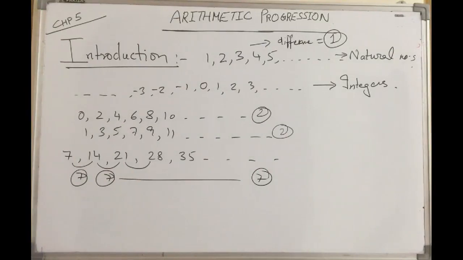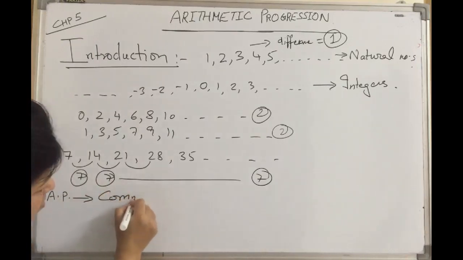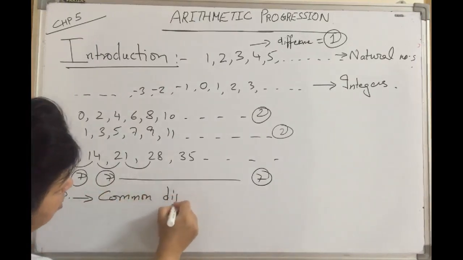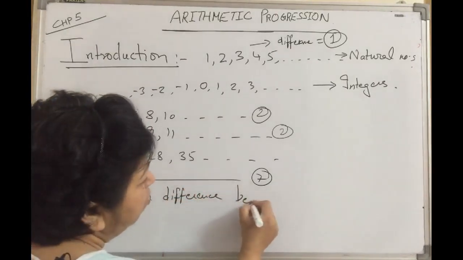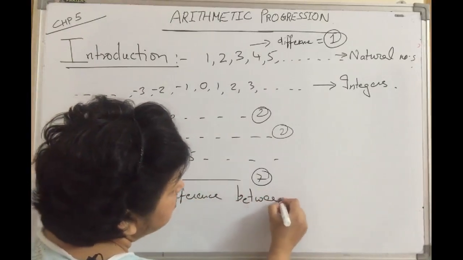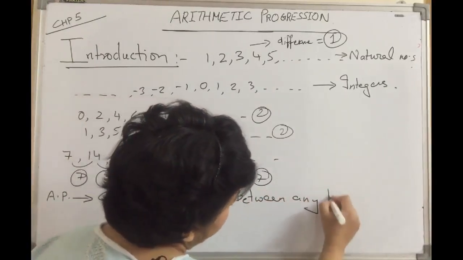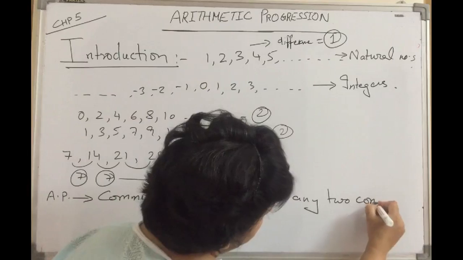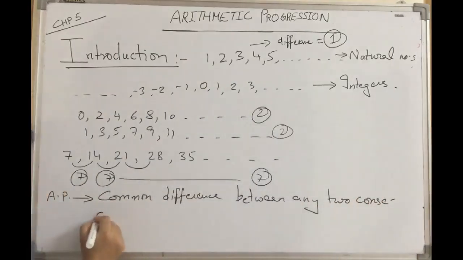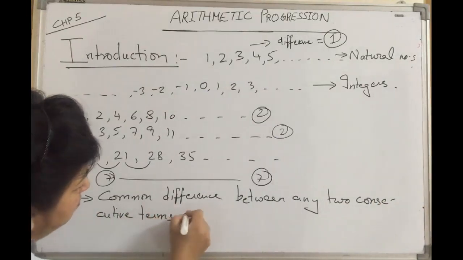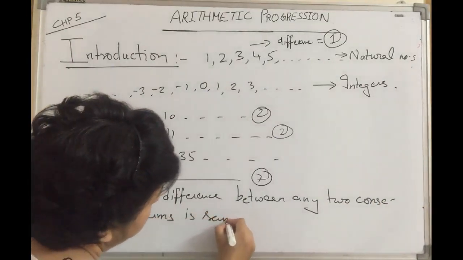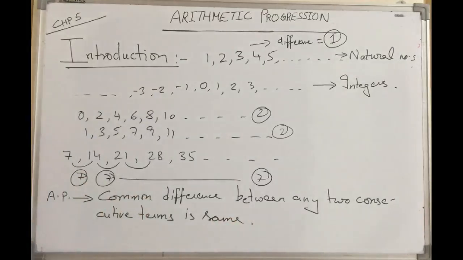Okay. So what's an AP? An AP is an arithmetic progression where the common difference between any two consecutive terms is the same.